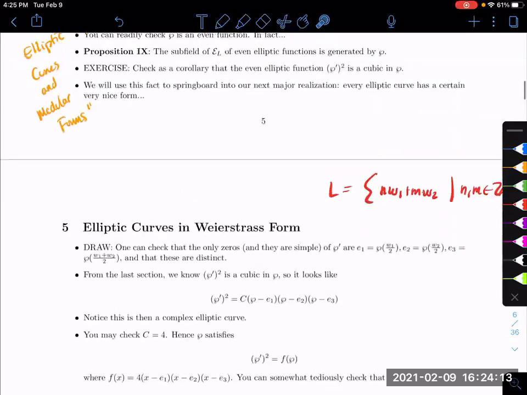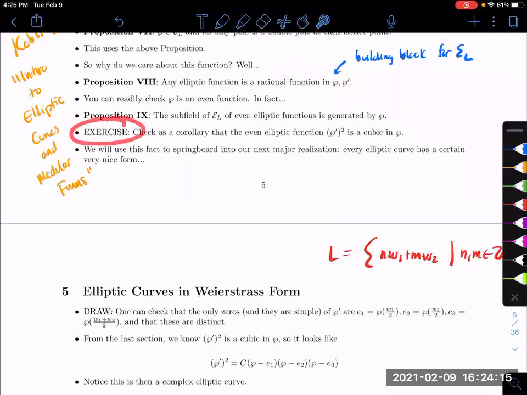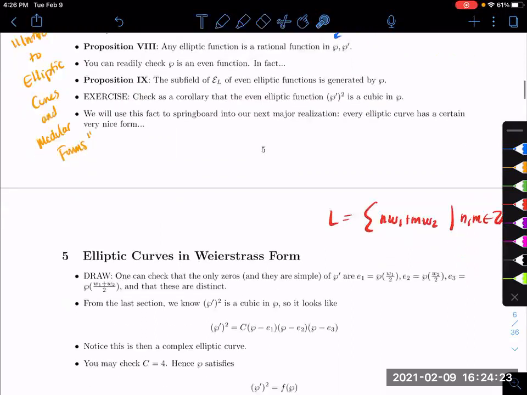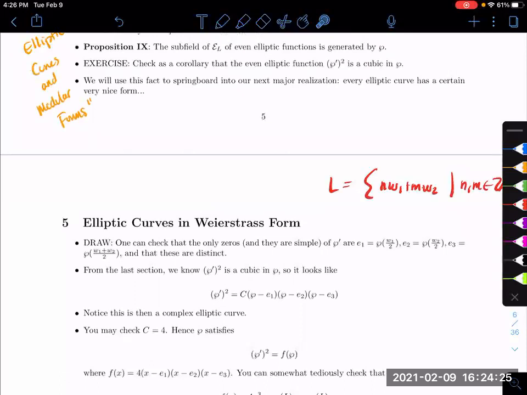Why do you think a statement like this is going to be important for us? If phi prime squared is a cubic in phi, that sounds like maybe an elliptic curve type statement is coming up. And if we want that to truly be an elliptic curve, the zeros of phi prime had better be distinct, or else we're not going to have the smoothness we want from the definition of elliptic curves.